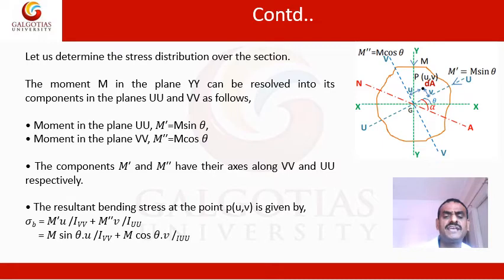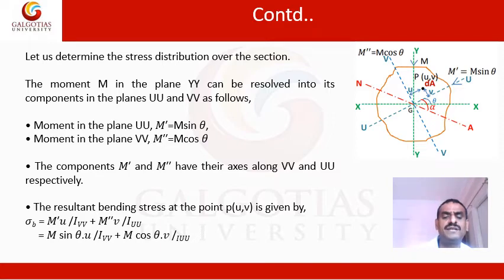The components M' and M'' have their axes along the UU and VV axes respectively. The resultant bending stress at the point P(U, V) is given by sigma B equal to M' U divided by IVV plus M'' V divided by IUU.